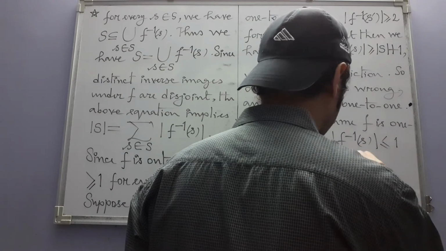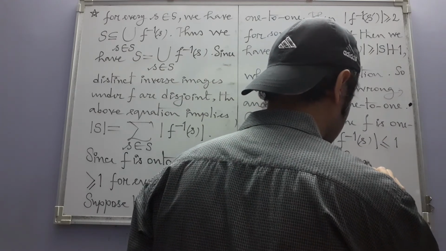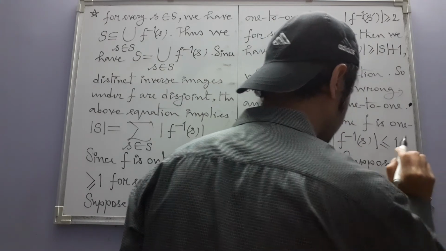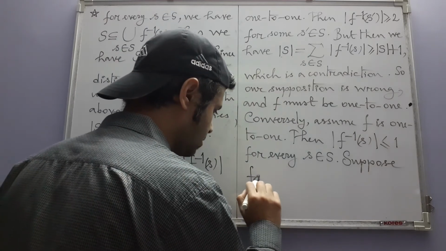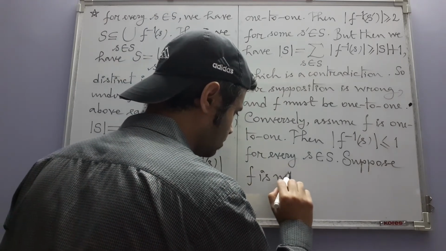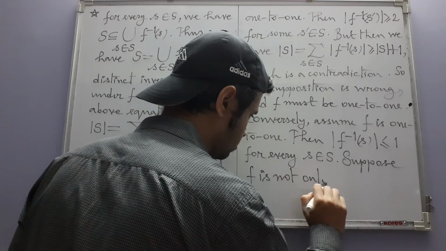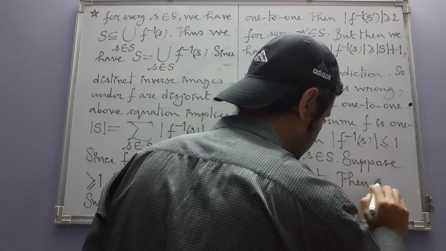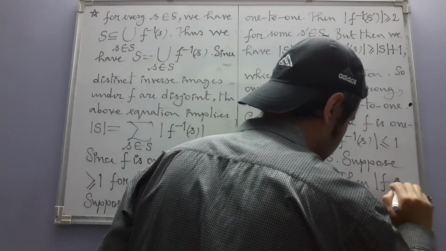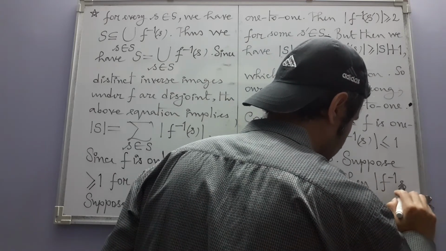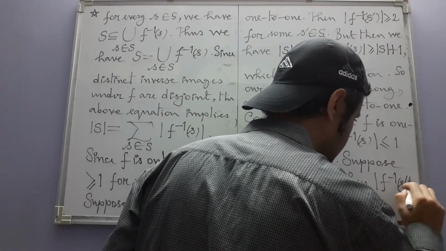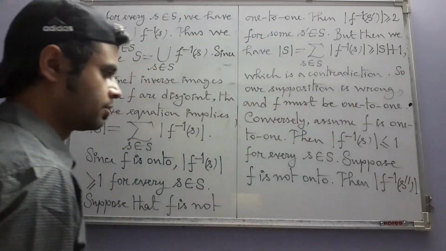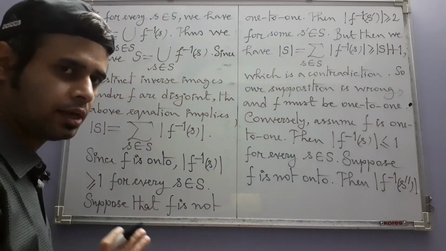Now just like that, suppose f is not onto. Then some inverse image must be empty.